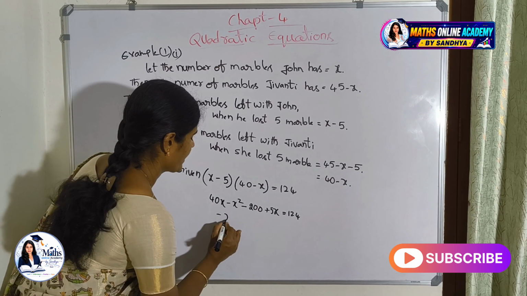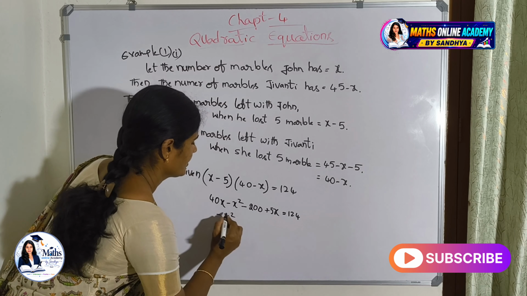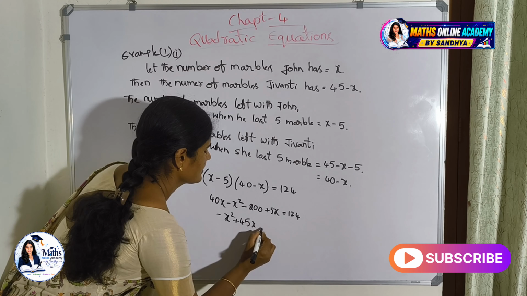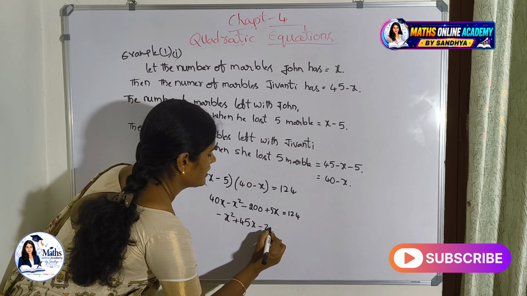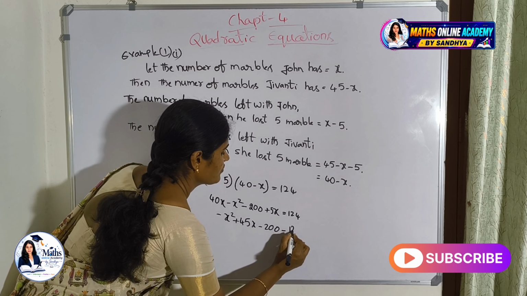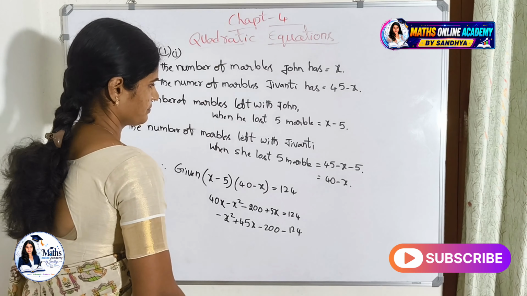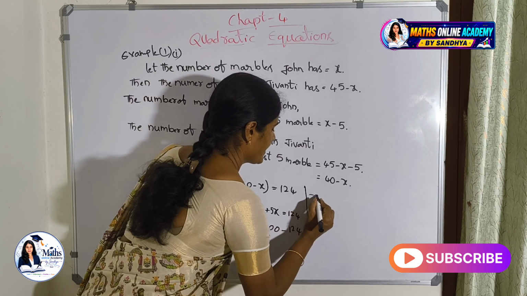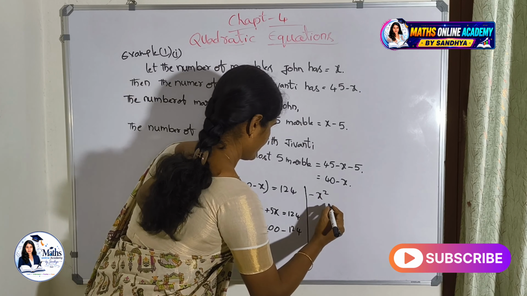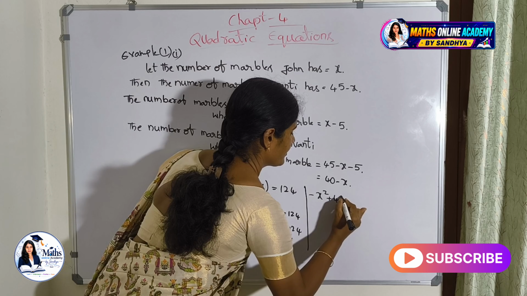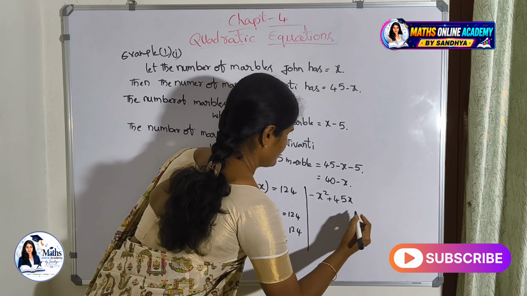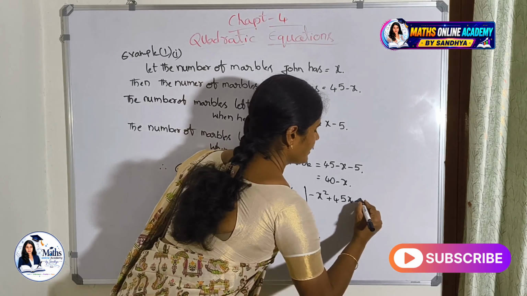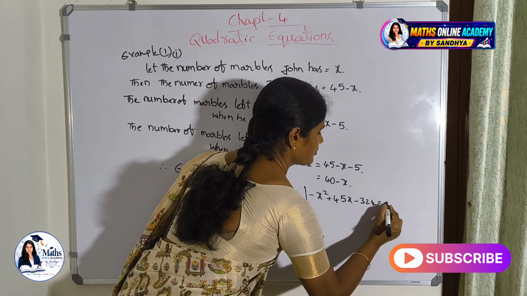So minus x square plus 45x minus 200 minus 124. Okay. Write down here: minus x square plus 45x minus 200 minus 124, that means minus 324, equal to 0.